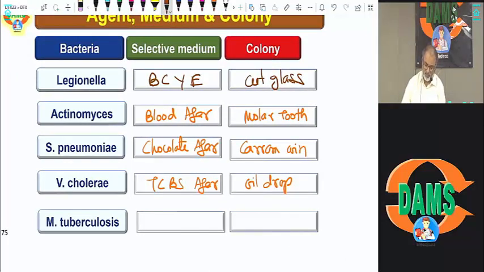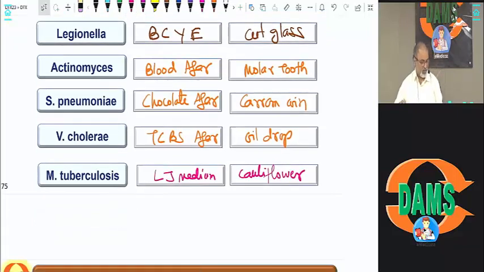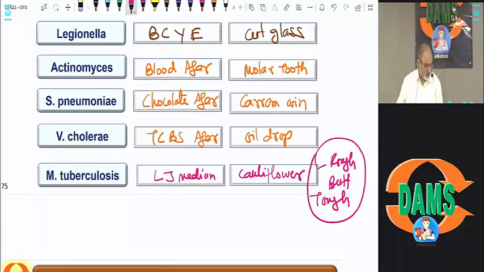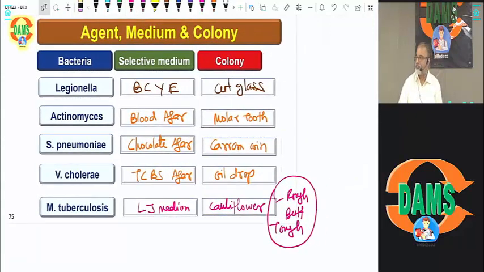And finally, Mycobacterium tuberculosis, LJ medium: cauliflower-like colonies, otherwise called rough, buff, tough colonies.